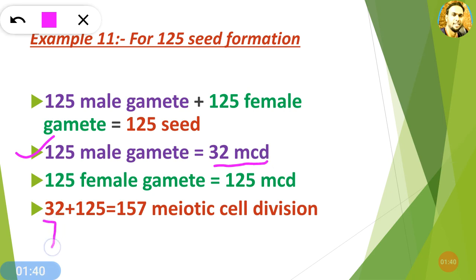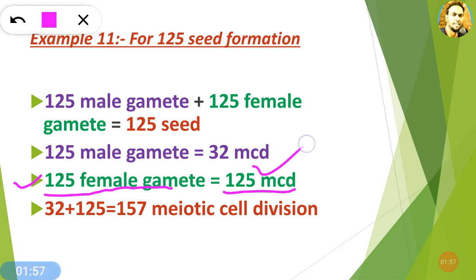That's why this 32 is here, as well as for 125 female gametes. As the formula is very simple, the number of female gametes is equal to the number of meiotic cell divisions. So for 125 female gametes, 125 meiotic cell divisions are needed. So in this way, 125 is here.